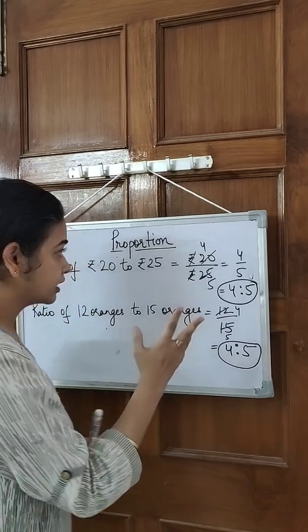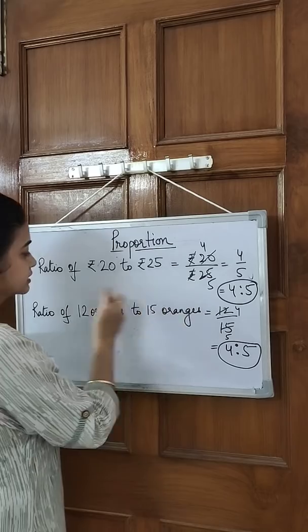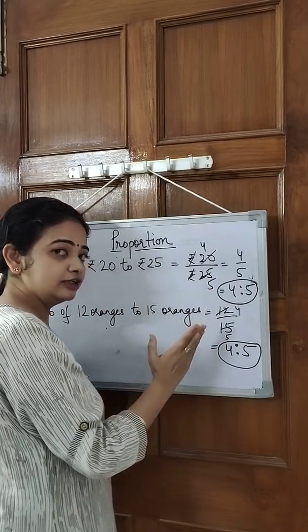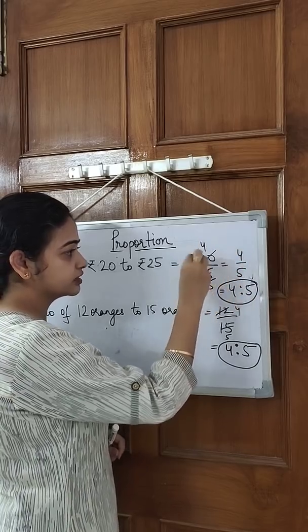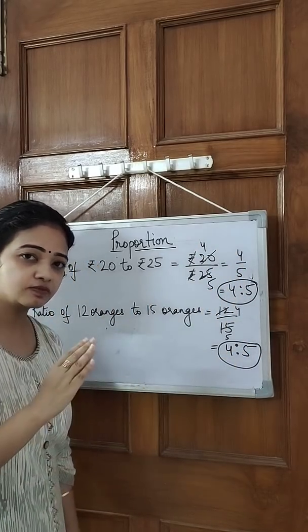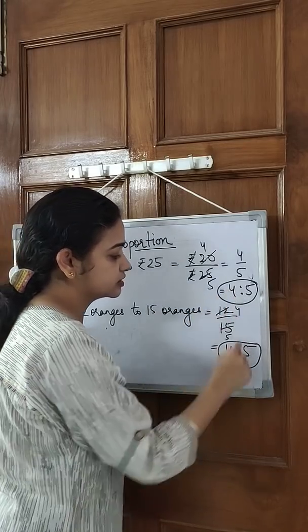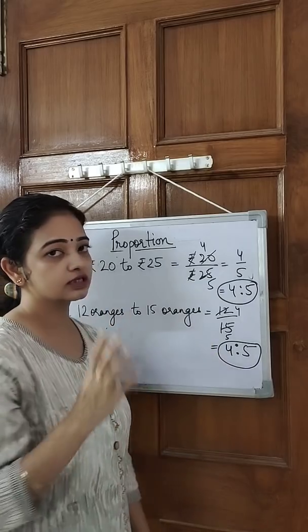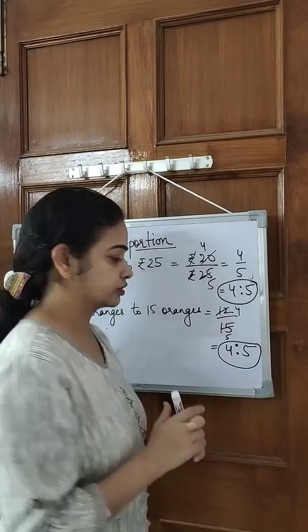Yes? What you saw here is that I have taken different values. After taking different values, the calculation after simplification, the answer that I am getting is same. So any such value where the ratios after simplification come same, then we can say that these two ratios are in proportion.